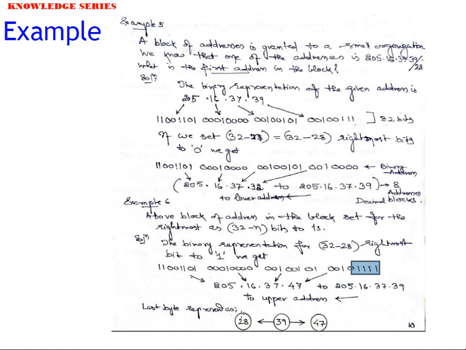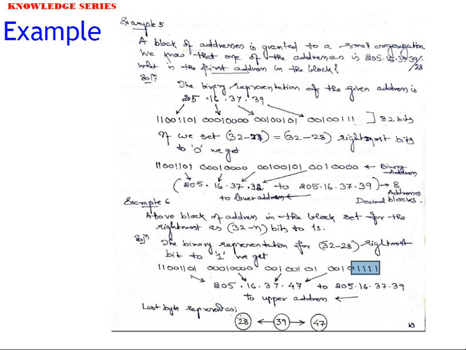That means your host ID IP numbers start from 205.16.37.32, and this is 32, not 28.